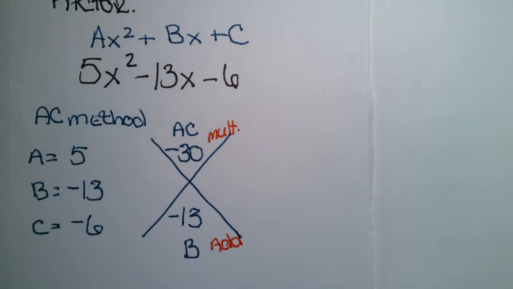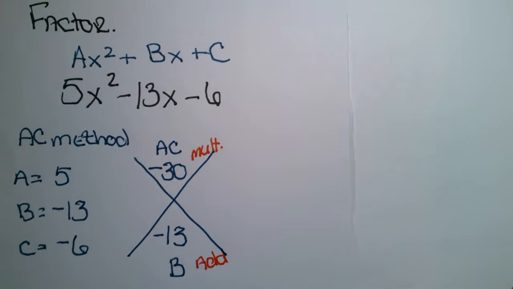So what 2 numbers multiplied together will give me a negative 30 and add together to give me a negative 13. Okay, so that's when it gets a little hairy, scary.